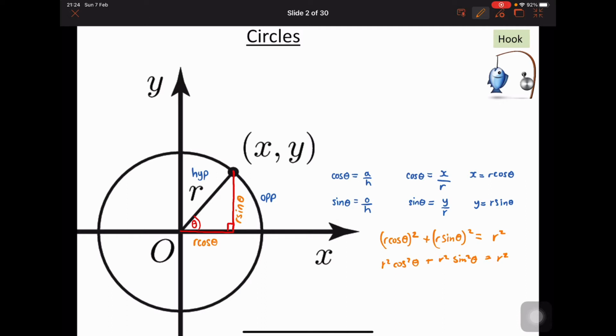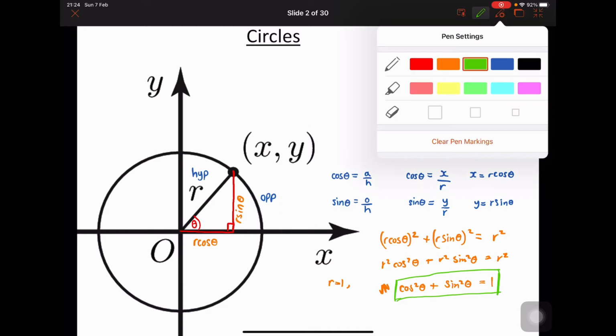And let's say r in this case is 1, r equals 1. Then we have 1 squared cos squared theta plus 1 squared sine squared theta equals 1. Now remember, this is a really important identity which we used a lot when we were learning about trigonometry. So we've just proved that using this circle.